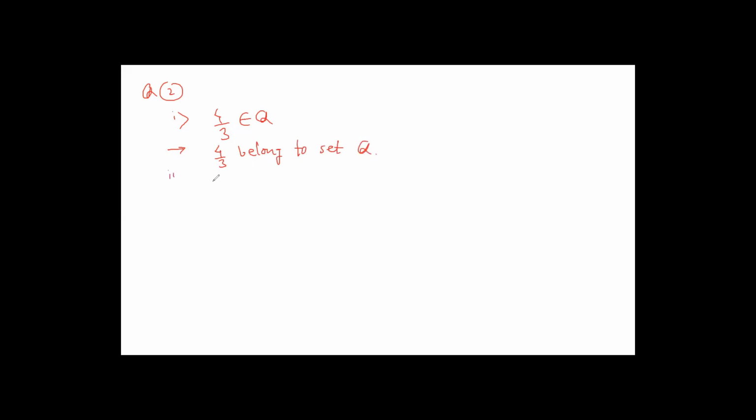Another example is -2 does not belong to N. In words we shall write: -2 does not belong to the set of natural numbers. The third example is P in curly brackets, P is an odd number.